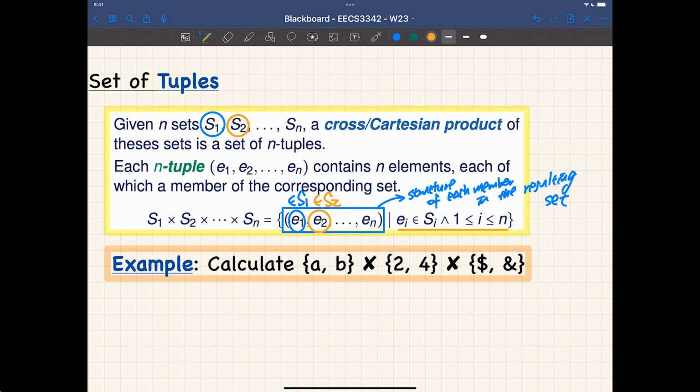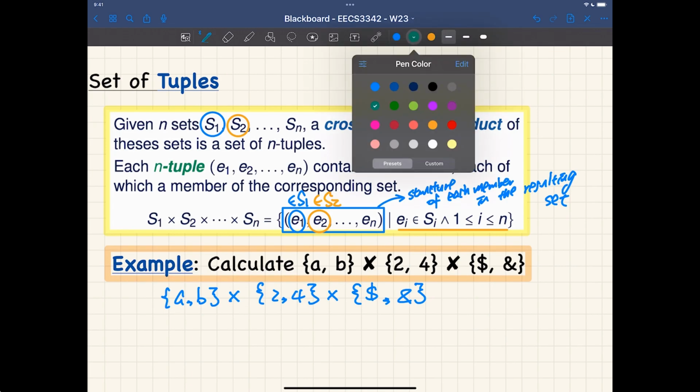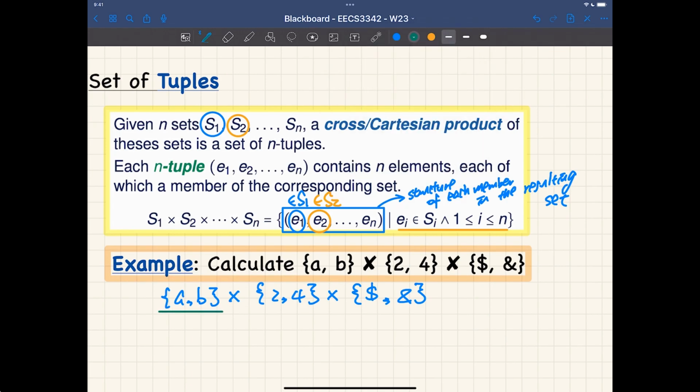Let me try to apply the definition for you, and let's go a little bit deeper into it. Let's say we want to calculate, let me write it down again, the cross product of {A, B}, {2, 4}, and a third set. Think of this one over here as S1, this one here as S2, and this one over here as S3.